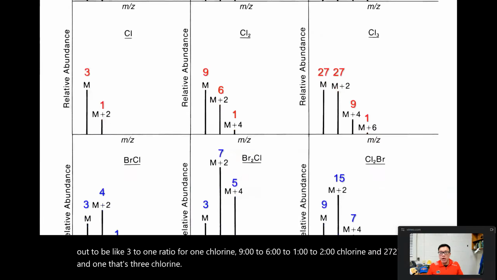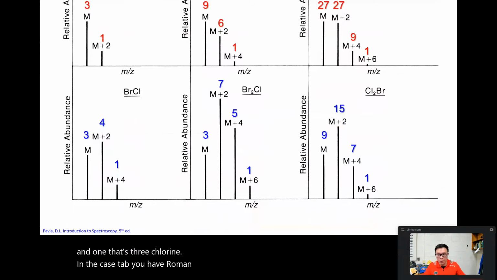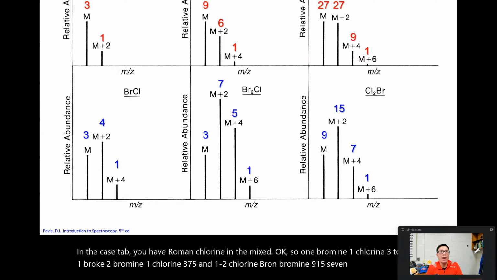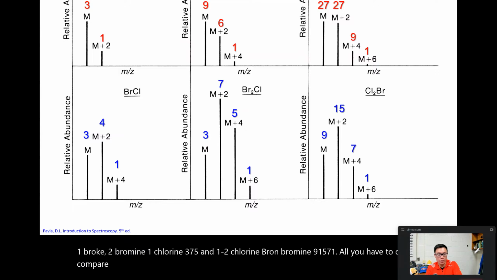In the case that you have bromine and chlorine mixed: 1 bromine, 1 chlorine, 3-to-4-to-1; 2 bromine, 1 chlorine, 3, 7, 5, and 1; 2 chlorine, 1 bromine, 9, 15, 7, and 1. All you have to do is compare and contrast to this chart. You can look up this chart, I'm sure.